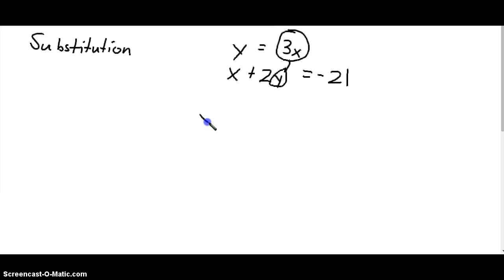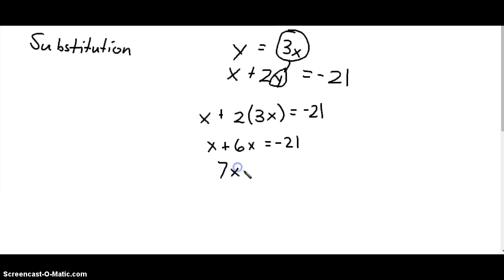So I'm going to do that, and I'm going to get x plus 2 times 3x equals negative 21. Simplify that. x plus 6x equals negative 21. 7x equals negative 21. Divide both sides by 7. We get x equals negative 3.